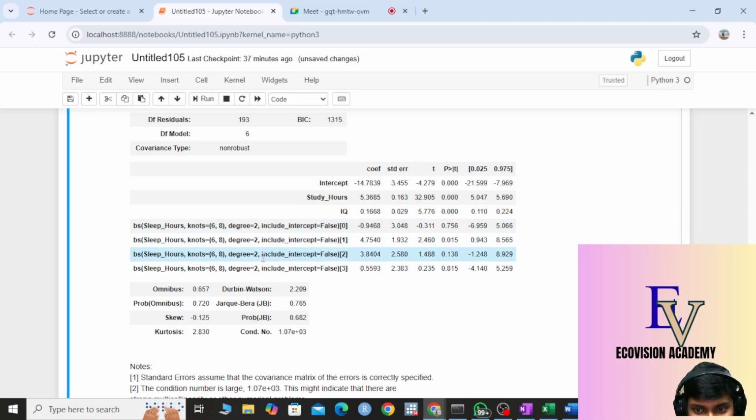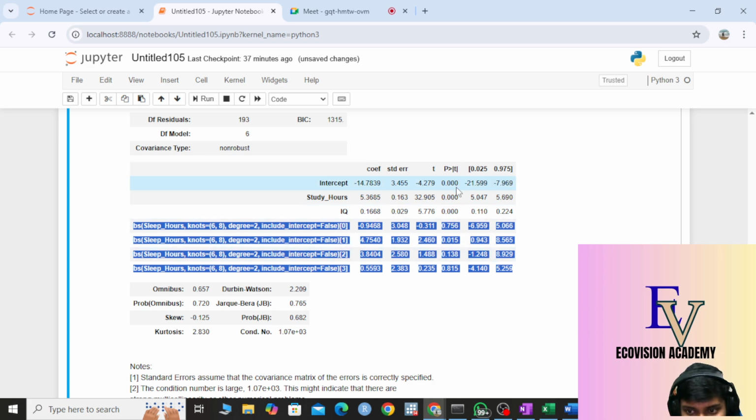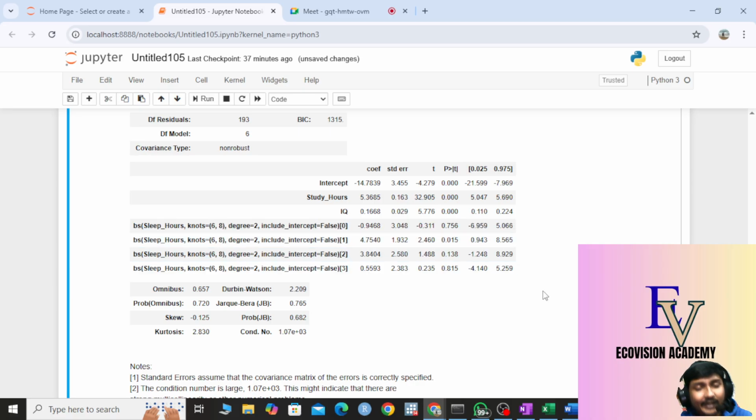Here comes the sleep hours data. Do not ever interpret this part by the p value. Never. Because spline regression doesn't mean that you go and interpret each and every knot by their p values.